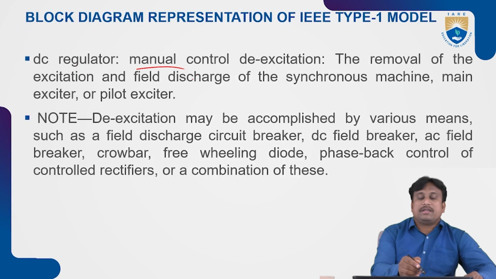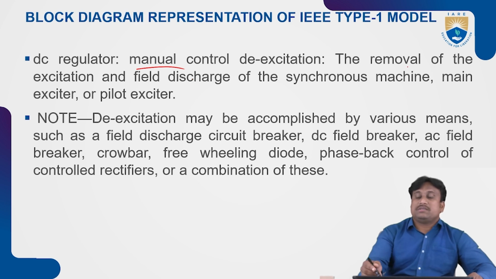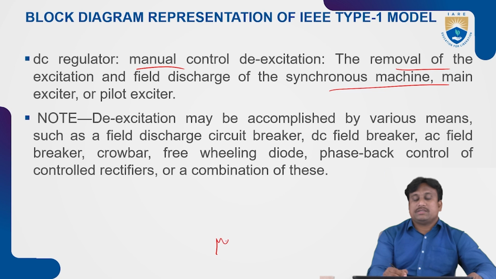So DC regulators are mostly preferred as manual control excitation. This will remove the excitation and field winding discharge coefficients of the synchronous machine set. This will be connecting to the main exciter or pilot exciter cases.